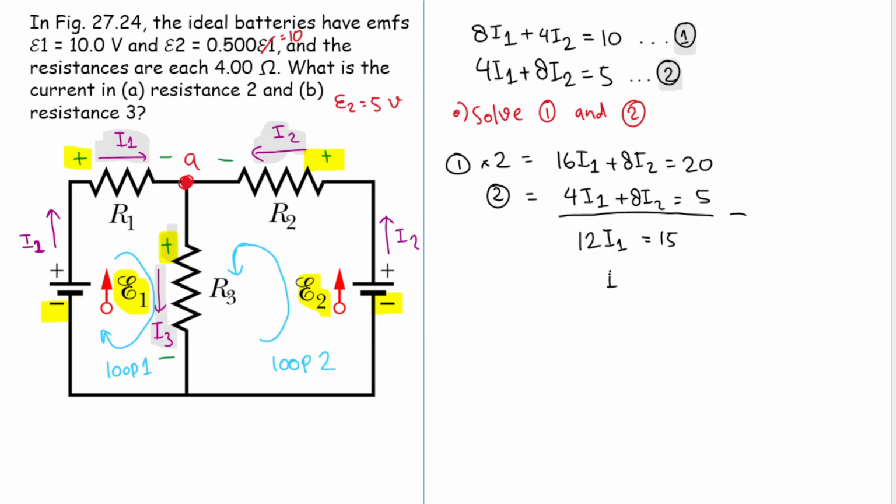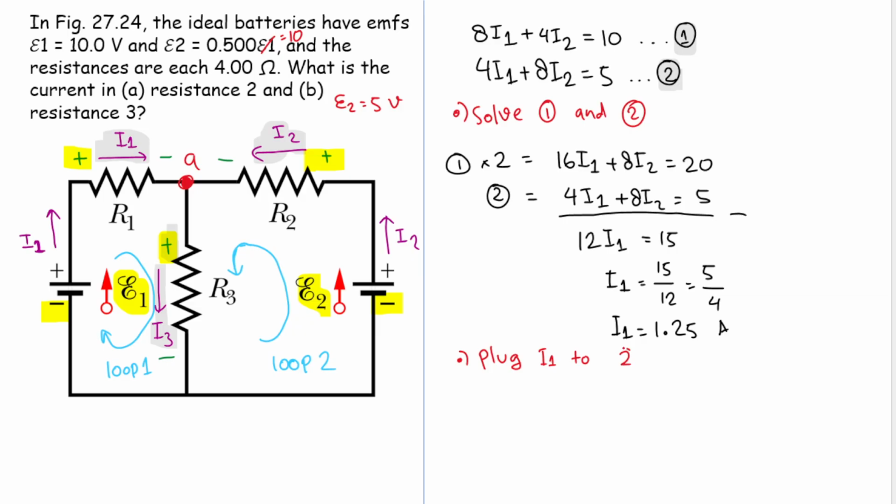So we'll have I1 here is equal to 15 divided by 12. We can divide both numerator and denominator by 3. So I'll have 5 divided by 4. And so we will have I1 here is equal to 1.25 ampere. Okay, that is I1. And what is I2? We can plug I1 into equation 2.